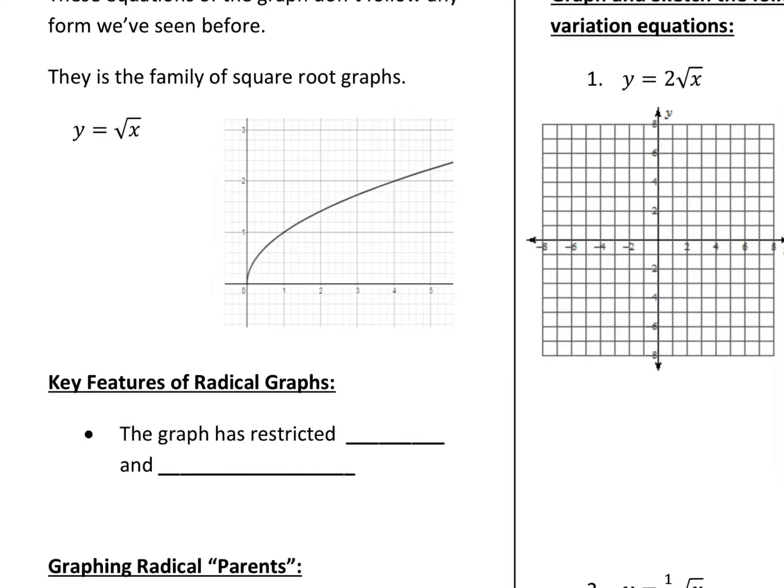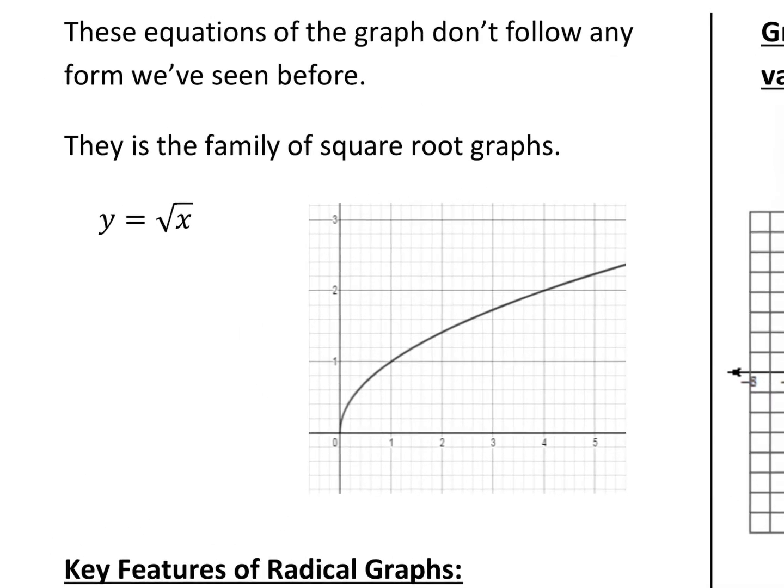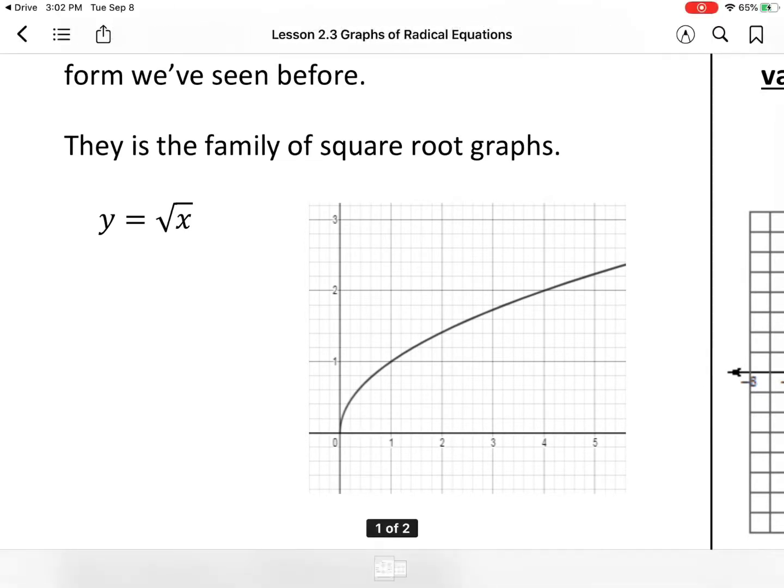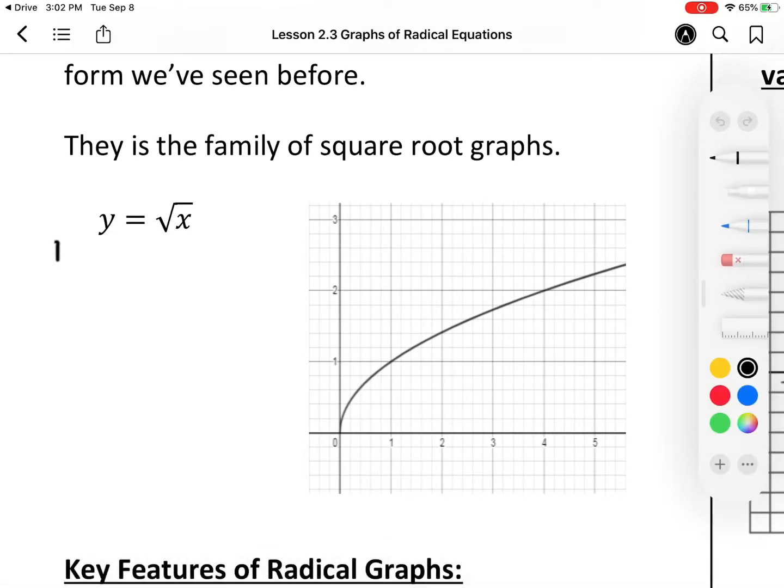So if we zoom in on this first little section, this is what a radical graph looks like. It's kind of like if we took our quadratics that we learned in Unit 1. Our parent function was y equals x squared.